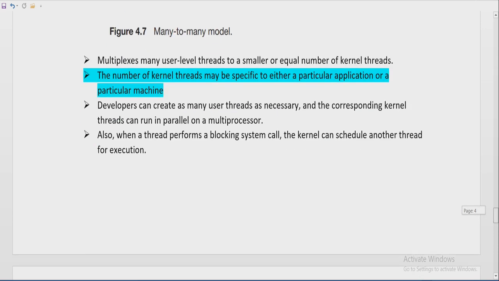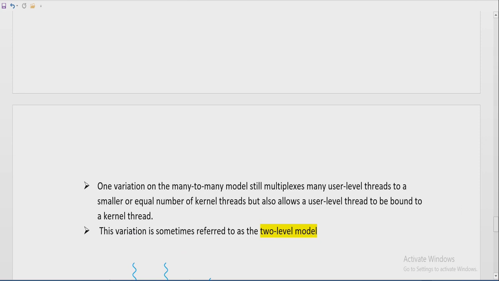So here is another variation. One variation on the many to many model is the two-level model. Okay, that is many user level threads mapped to a smaller or equal number of kernel threads, but it also allows a user level thread to be bound to a kernel thread.